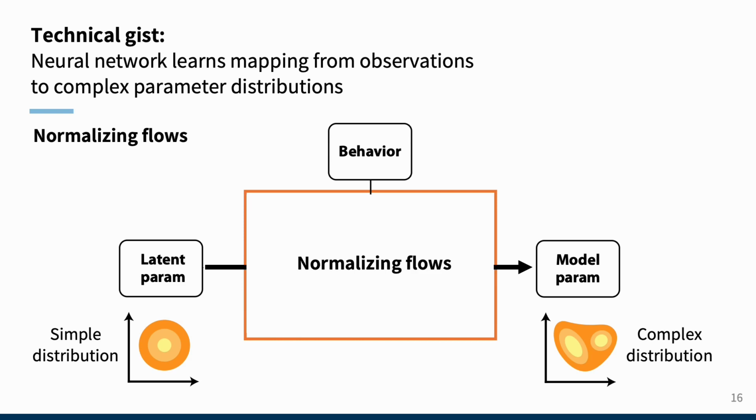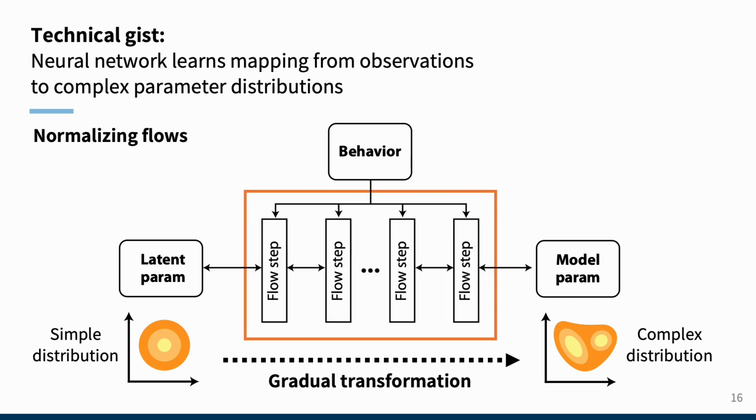Normalizing flows is a technique to transform a simple distribution into a more complex one that approximates the target distribution we want to identify. It works by using a series of invertible transformations based on a neural network, which are called flow steps, to gradually map the latent parameters from a simple distribution to the target parameters.